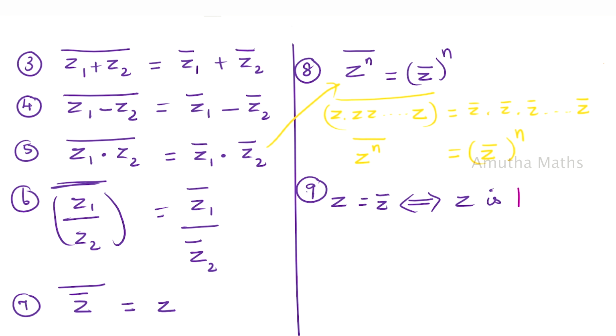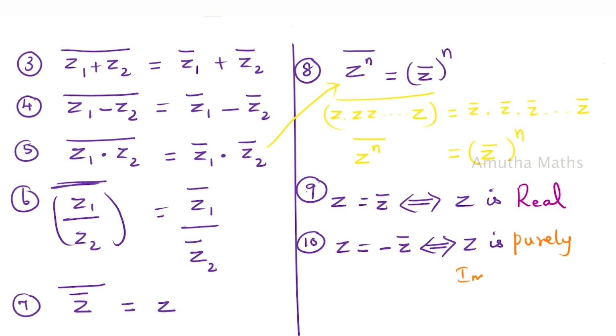Okay. 10th property is z is equal to minus z bar if and only if z is purely imaginary. Okay. So these are the 10 important properties of complex conjugates.